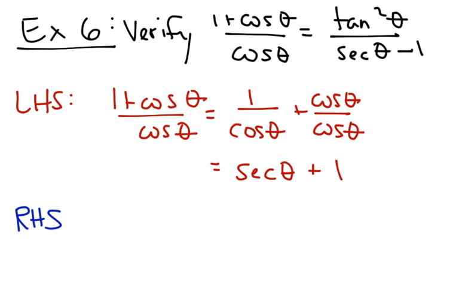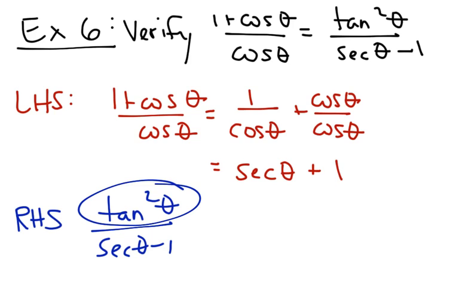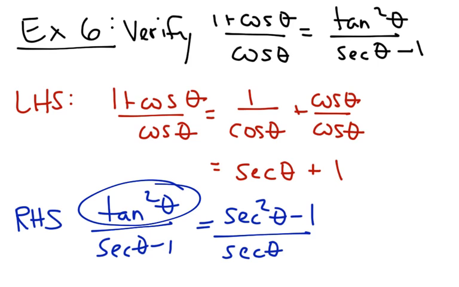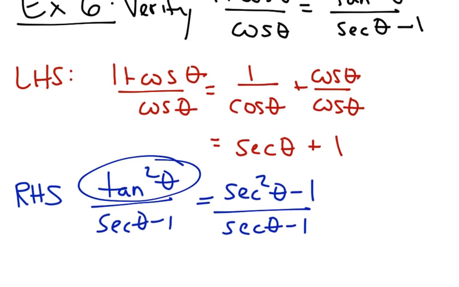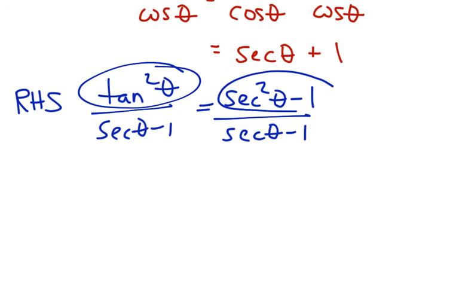So to work on the right-hand side, I'm going to go back to those Pythagorean identities, because there's a Pythagorean identity that says the tangent squared theta is secant squared theta minus 1. And then this is just in the form a squared minus b squared.